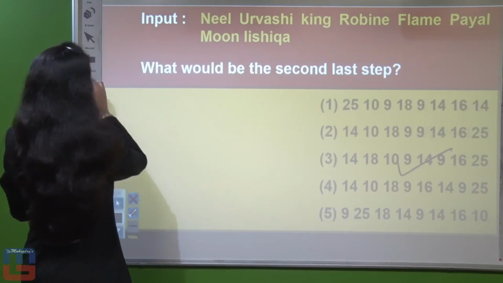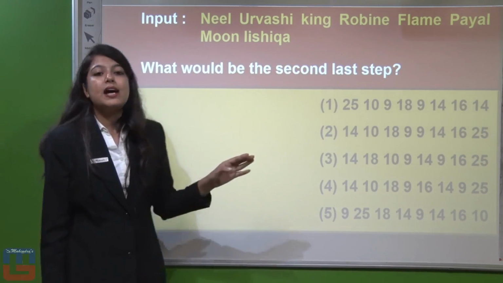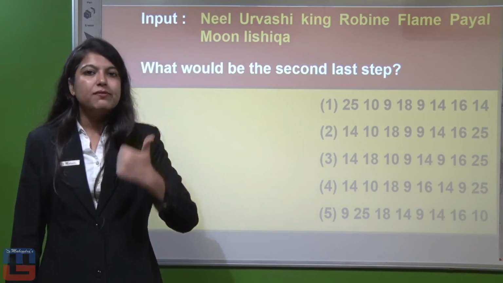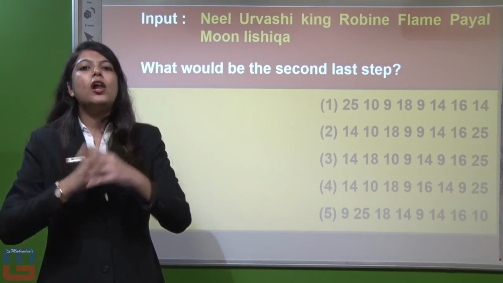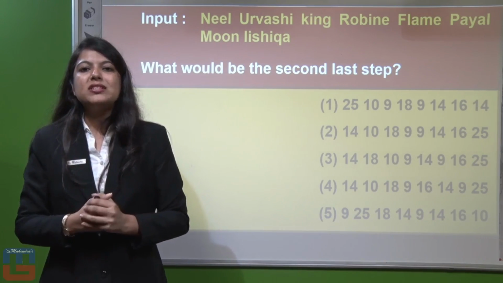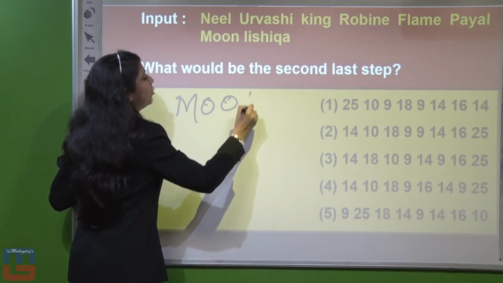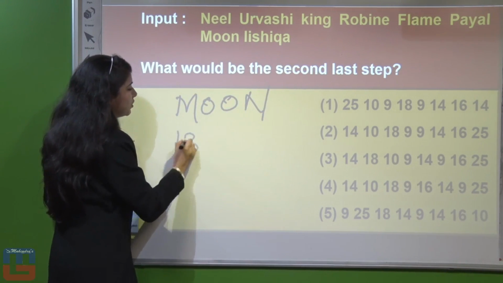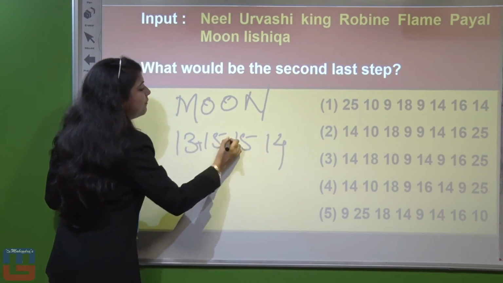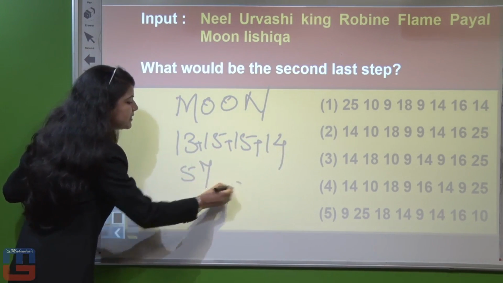Now coming to the next question. We have been asked what would be the second last step. Now for the second last step, again the numeric value conversion. Just recall, we have taken the word moon in front, and adding up the moon values, M-O-O-N: M's value 13, O's value 15 two times, and N's value 14. Whenever you add these values, you get 57.